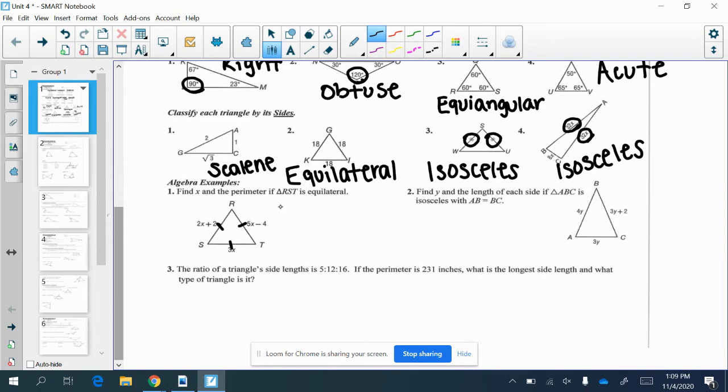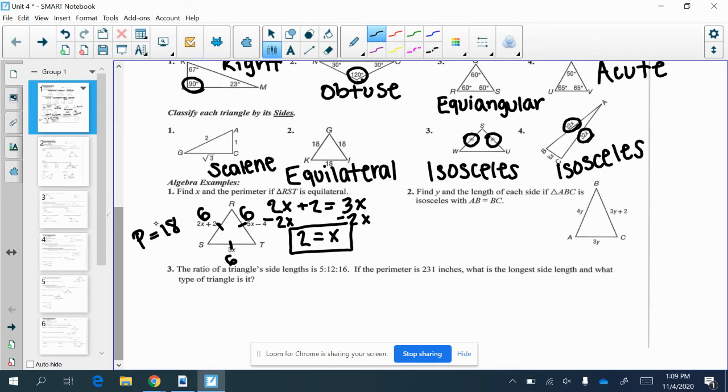So let's go ahead and say 2x plus 2 is equal to 3x. So x is 2. 3 times 2 is 6. That means this side is 6. This side is 6, so the perimeter is going to be 18. 6 plus 6 plus 6 is 18.